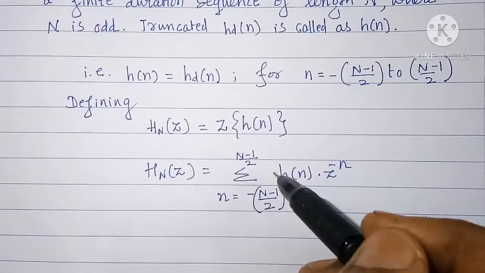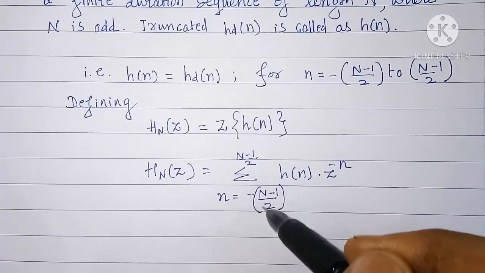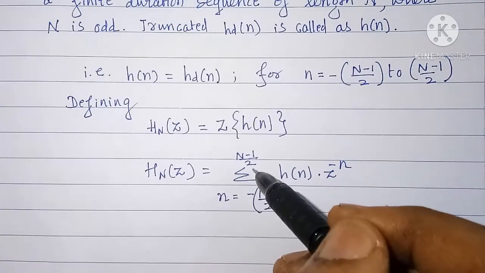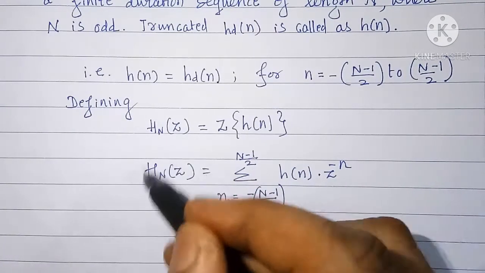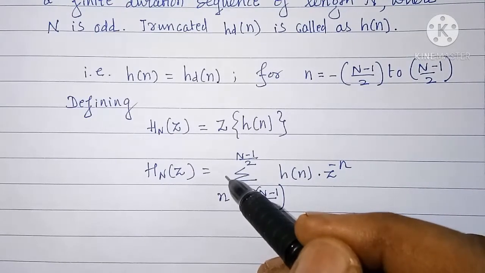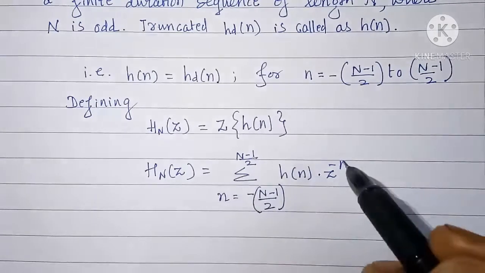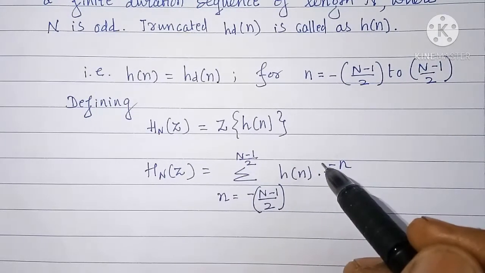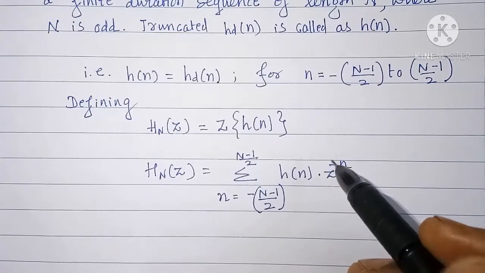Since in Hn of z we are having summation from negative value of n to positive value of n, this Hn of z represents a transfer function of non-causal filter. So we have to convert this transfer function into a transfer function of causal filter so that we can implement it or realize it.